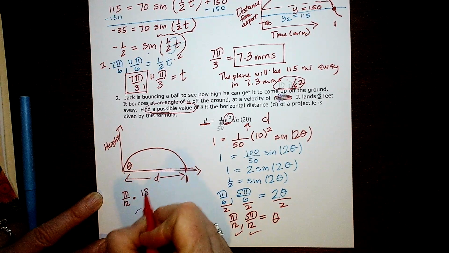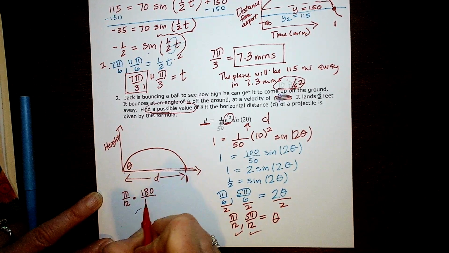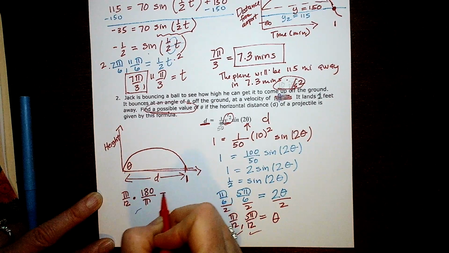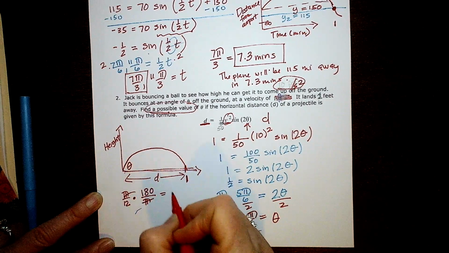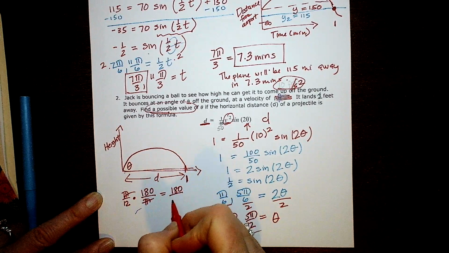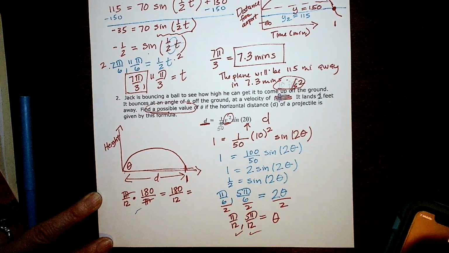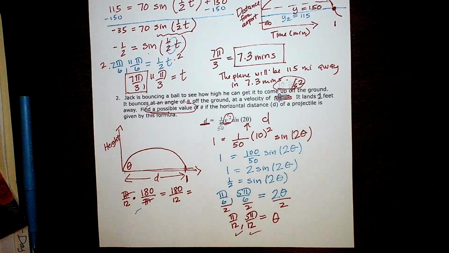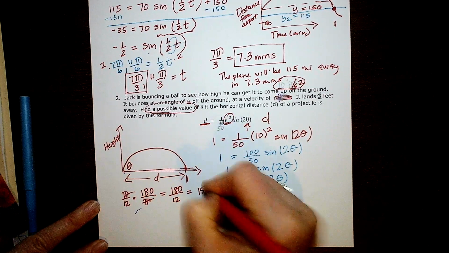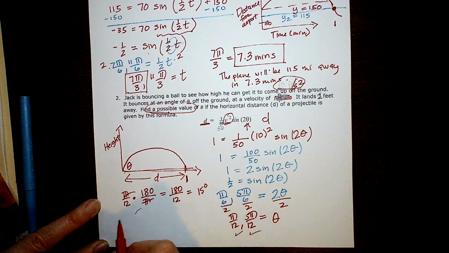We multiply by what we want over what we have. These cancel, we get 180 over 12, which equals 15 degrees. Well, maybe that's the solution.